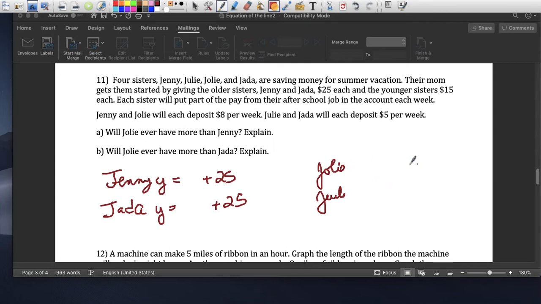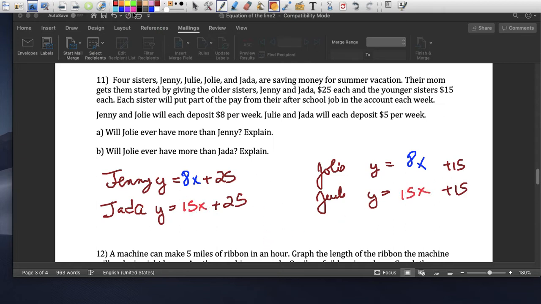The younger ones, they got $15 each. That's the y-intercept. And then it says that Jenny and Jolie, I'm going to put it in blue here, Jenny and Jolie, they put $8 every week. So that's my slope. And the other 2 girls, Julie and Jada, they put $15.